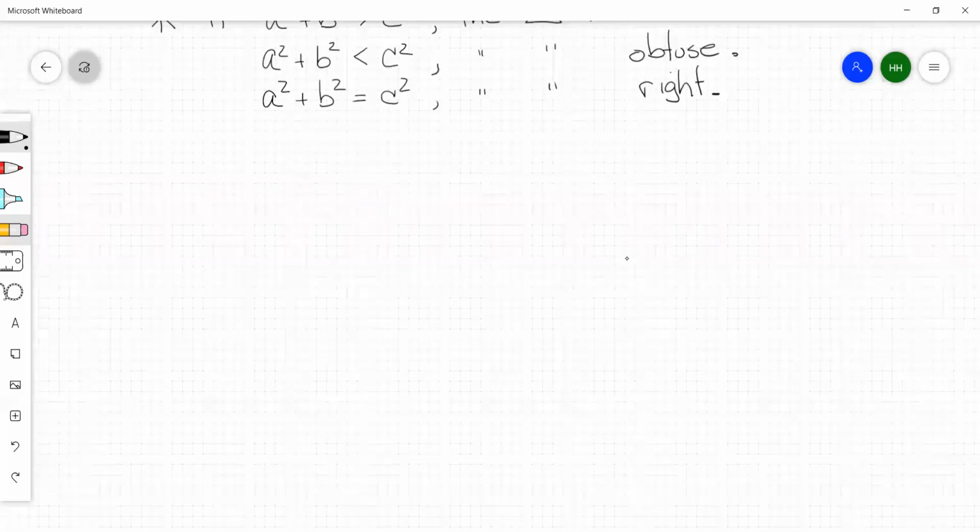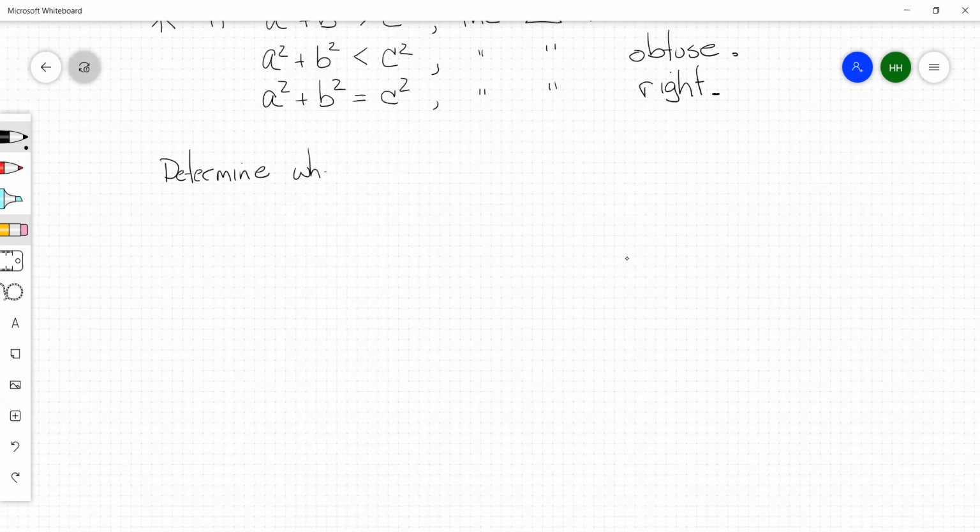So here's the type of questions you're going to see. Determine whether each set of numbers can be the measures of the sides of a triangle. If so, classify the triangle.